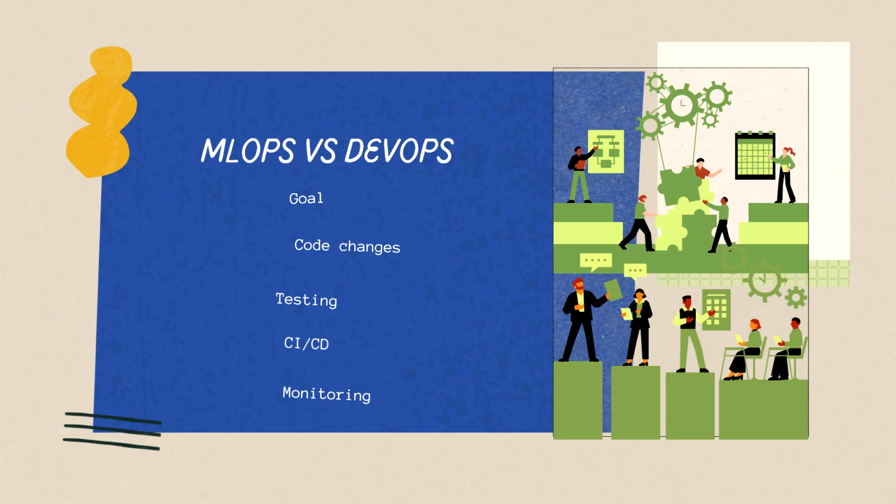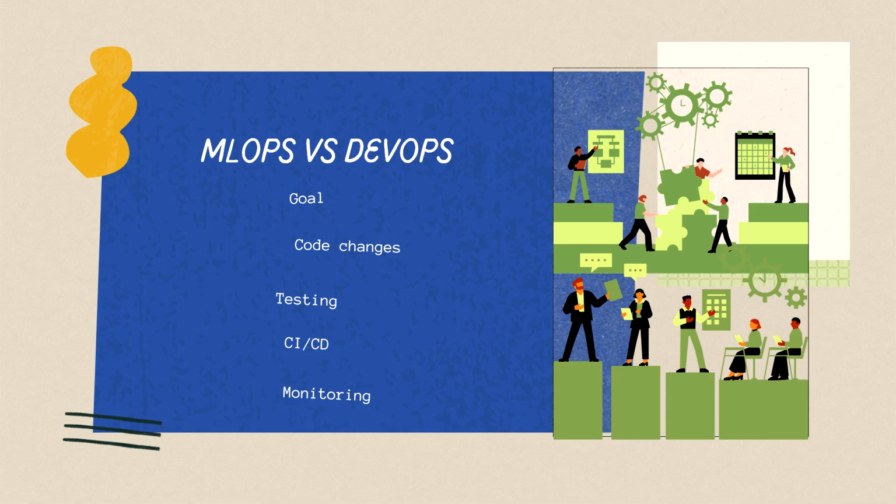Observe here: DevOps is majorly focused on application code, but MLOps focuses on both the code as well as the data. And when it comes to testing, DevOps tests the features and functions, but MLOps tests the accuracy and prediction.